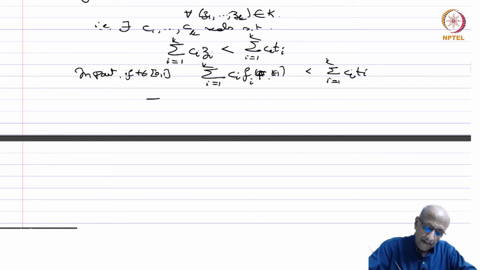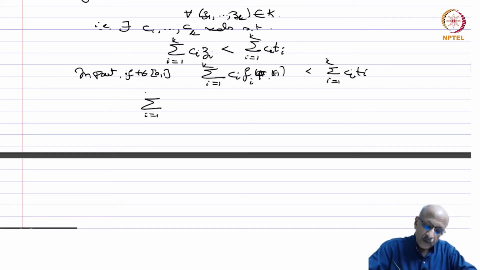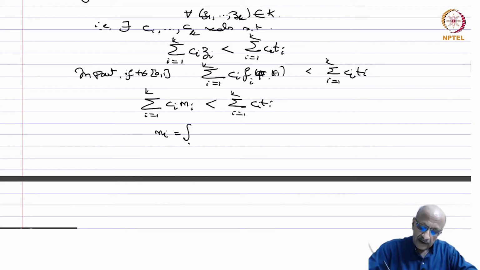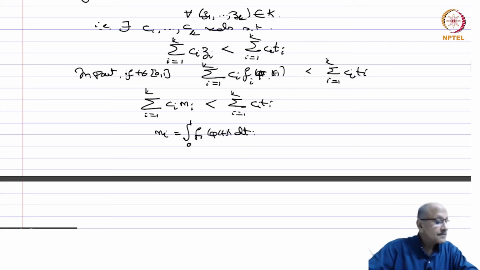Therefore, the sum over i equals 1 to k of Ci mi is strictly less than the sum over i equals 1 to k of Ci Ti, where mi is nothing but the integral from 0 to 1 of fi of phi of t dt. Okay, so what does this mean?